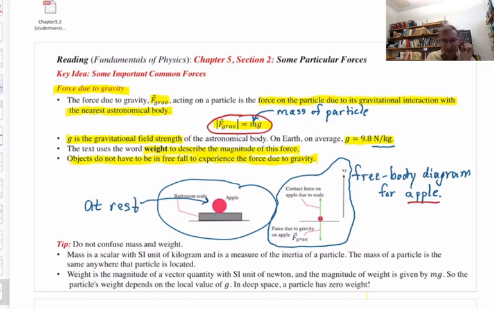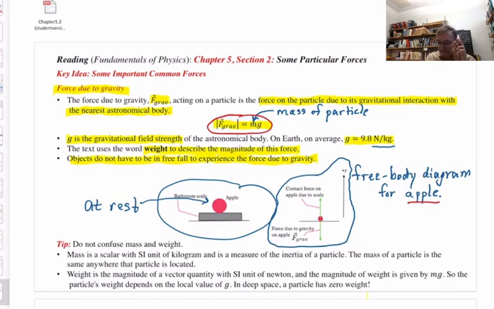Then you draw, as arrows, to represent vectors, all the forces that are acting on your particle, in our case the apple. I emphasize, all the forces acting on the apple, acting on it. Not forces that it exerts on other things, only forces that are acting on it, the apple.